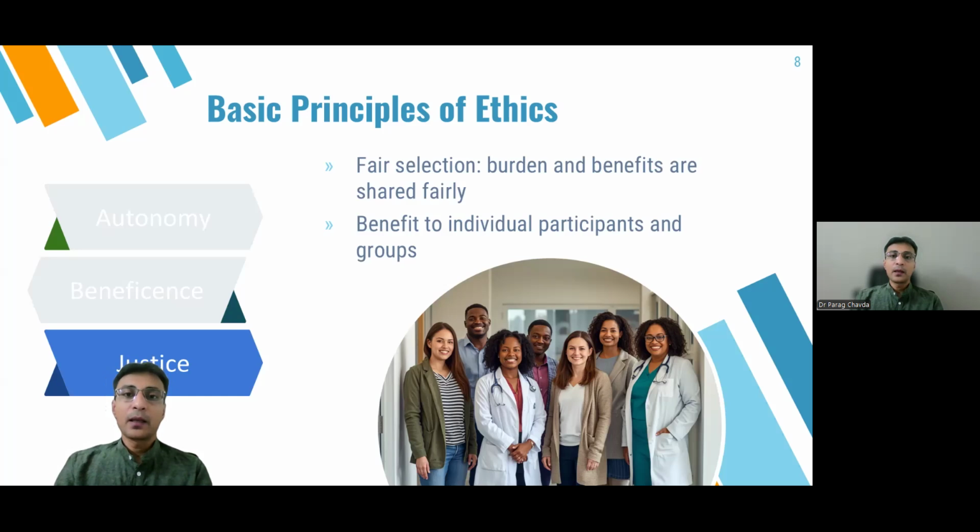Probably that would be something where the benefits are shared with the research participants themselves. When the research findings are out and shared with the stakeholder groups, probably the larger benefit, apart from the study participants, is that other school students might also benefit as different stakeholders start utilizing the findings of the research. Right. So that's the principle of justice.